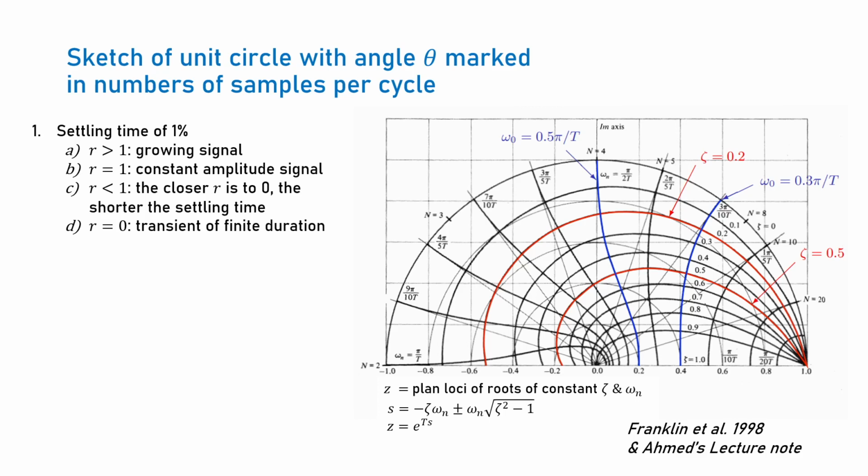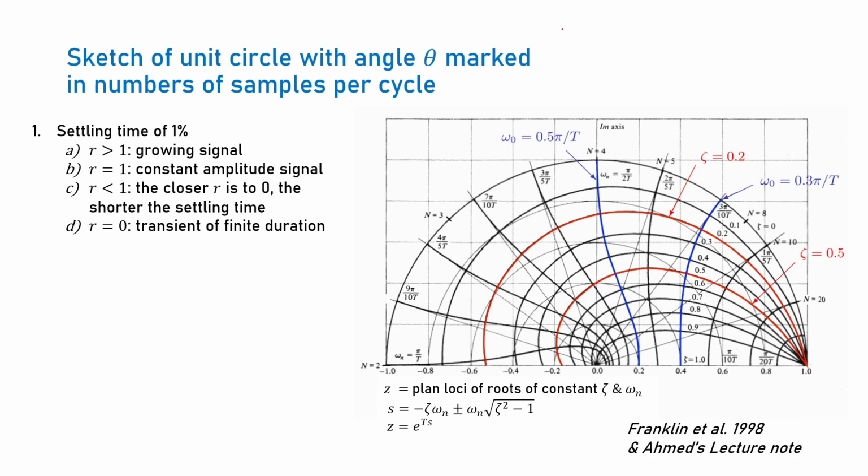So here is the mapping of a second order system, mapping from the parameters of a standard form in continuous time to the z domain. Okay. Now I mentioned continuous time and standard form.